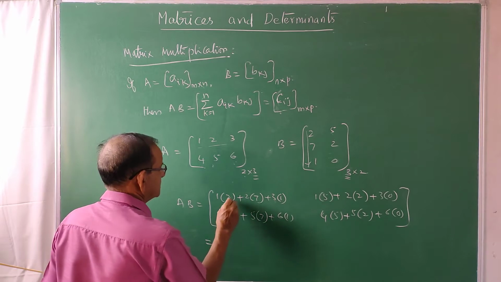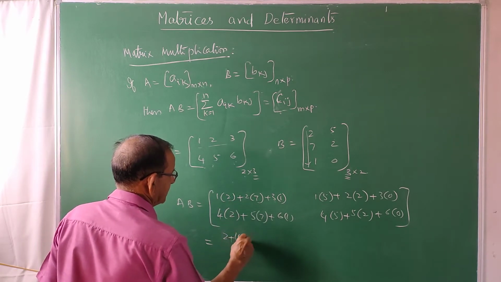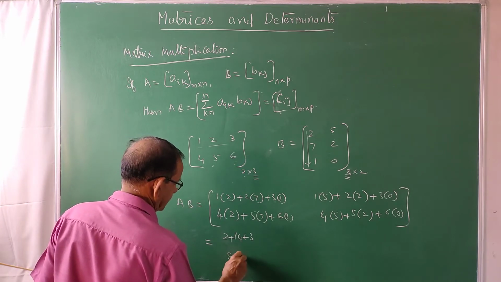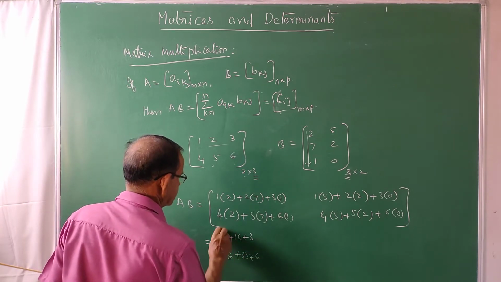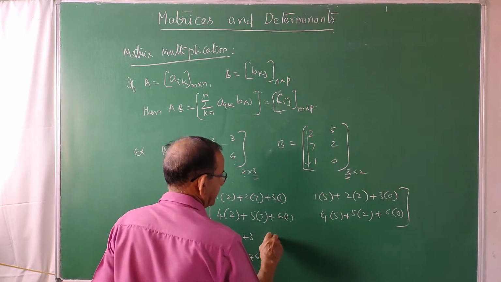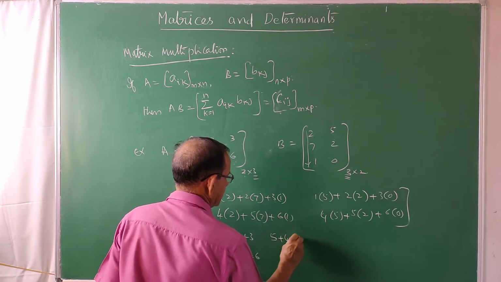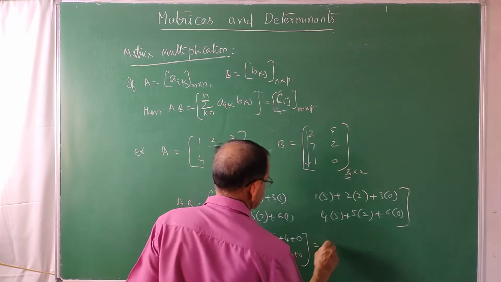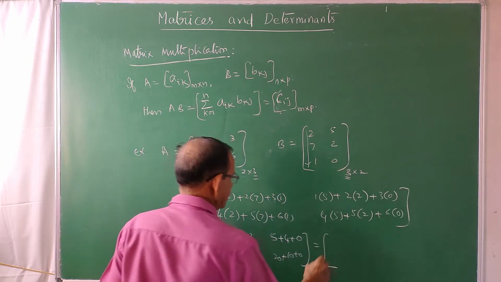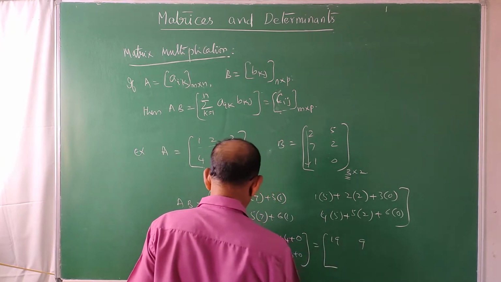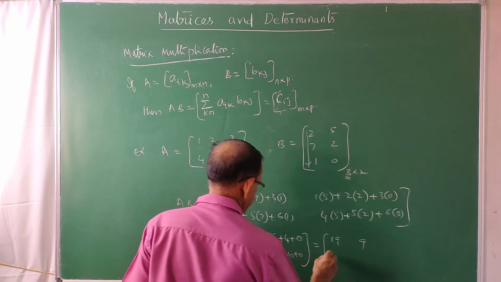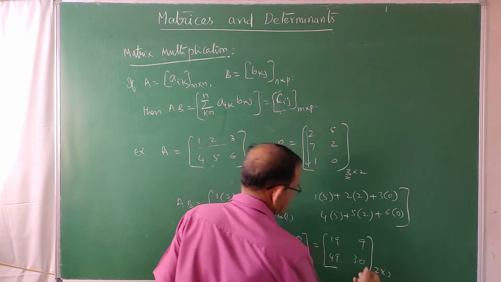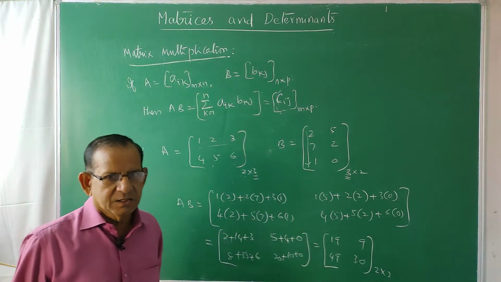This is 2 plus 14 plus 3, and this is 8 plus 35 plus 6. This is 5 plus 4 plus 0, and this is 20 plus 10 plus 0. So this is equal to 19, 9 and 49, 30. So this is the product matrix, of order 2 by 2, 2 rows and 2 columns. Like that you have to multiply.